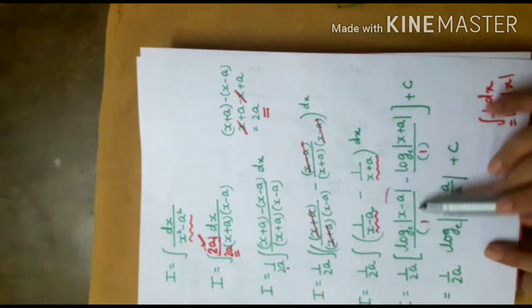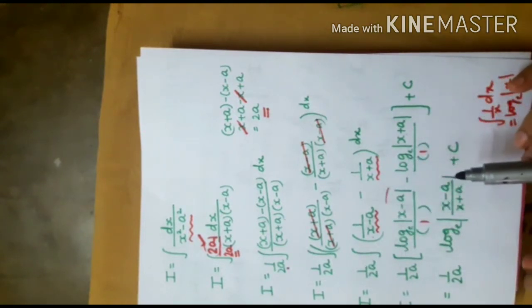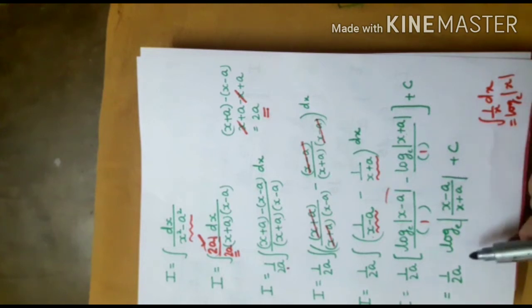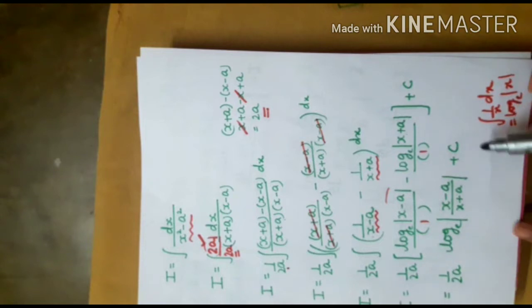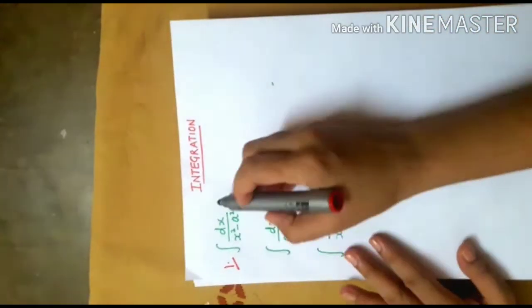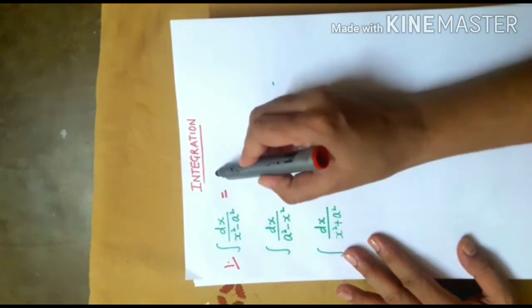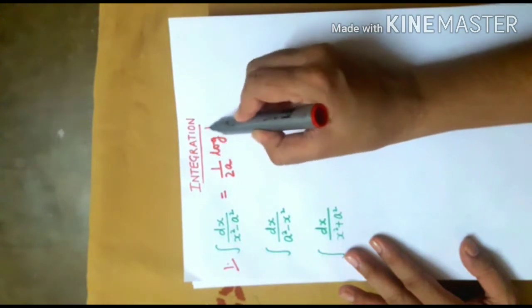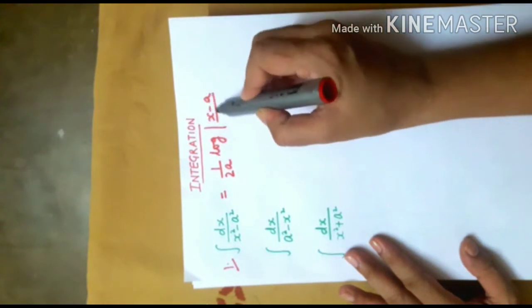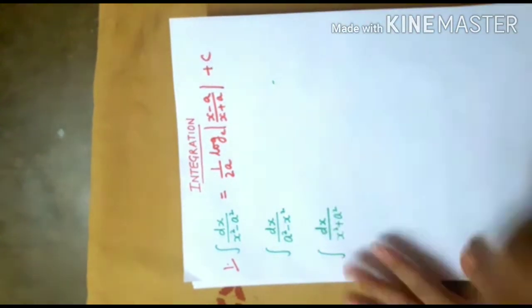Now by property of log, log a minus log b is equal to log a by b. I'll get log x minus a over x plus a plus c. So remember this. Integral dx over x square minus a square is 1 over 2a into log x minus a over x plus a plus c.